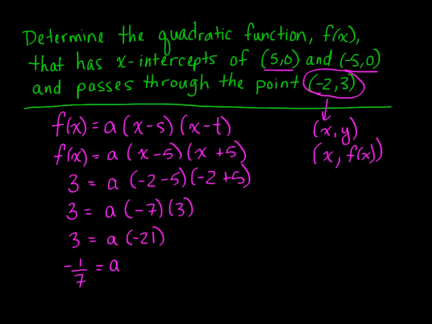Okay? So we're now going to take this information and put it together to form our quadratic function. So we get f of x is equal to, the a value we know now is negative 1 over 7, and then using our x-intercepts in factored form, we get x minus 5 times x plus 5.